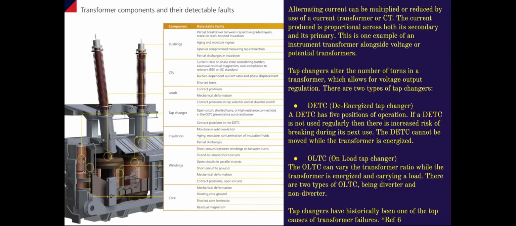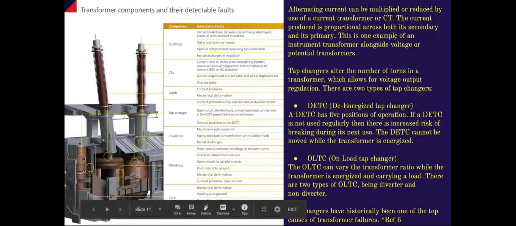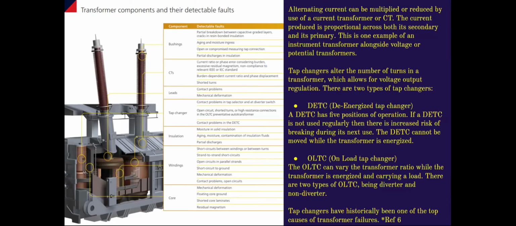And of course, if the contacts go bad on the actual windings, you're not going to have as good of current flow through it. And then the cores themselves, they can have mechanical deformation, a floating core ground, shorted core laminates, and of course residual magnetism within those that can cause issues with the system.